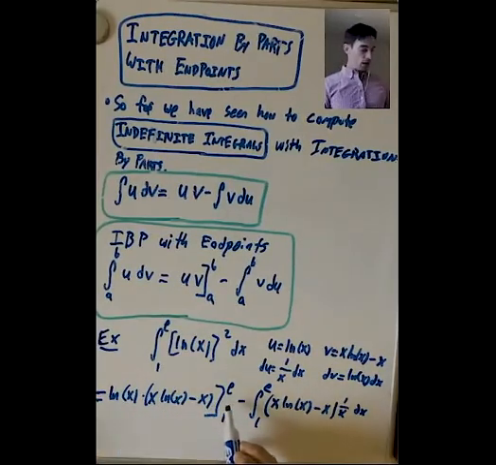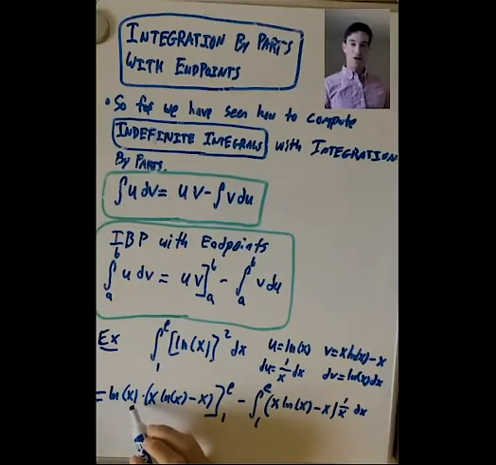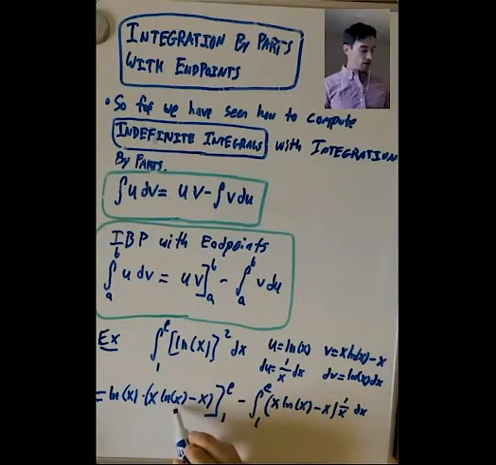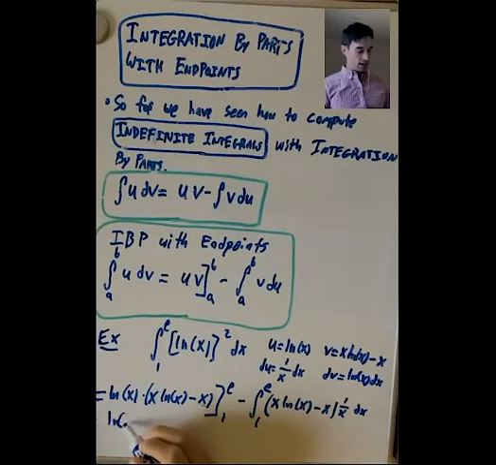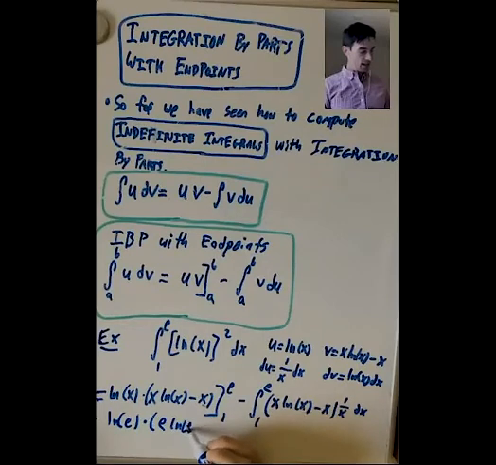Why does this work well? Well, when you evaluate at e, this top function, natural log of e is 1. This is ln e is 1 times e ln e minus e.